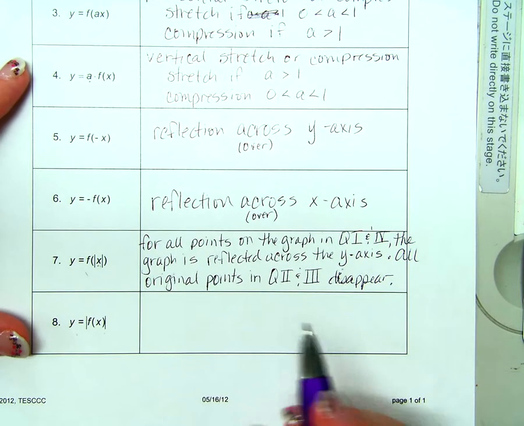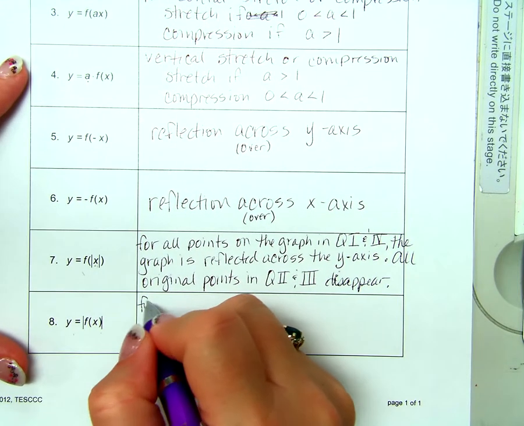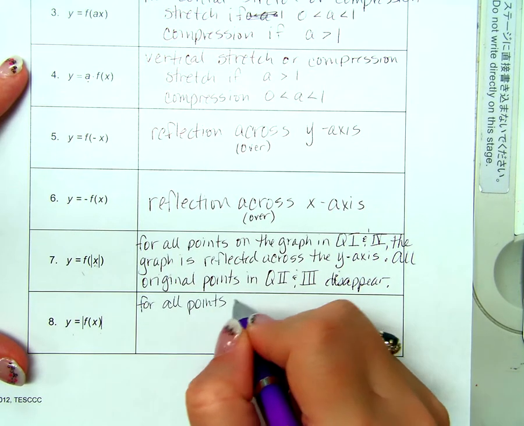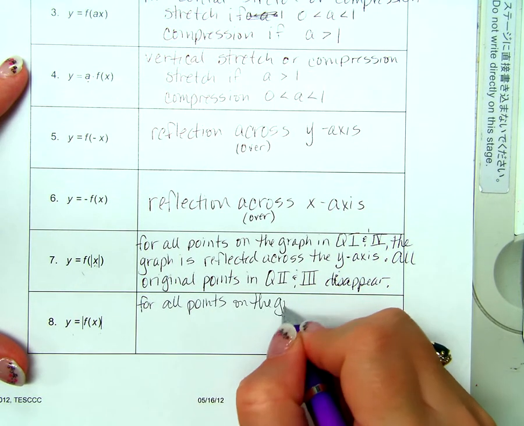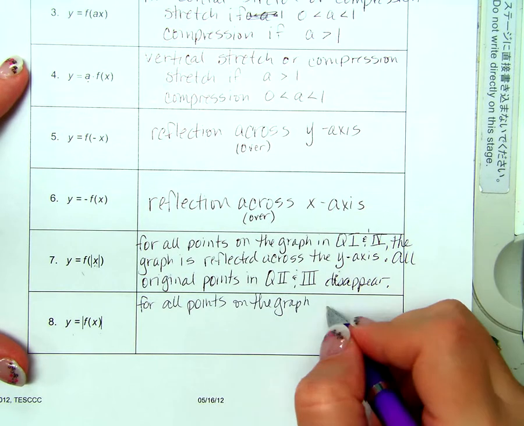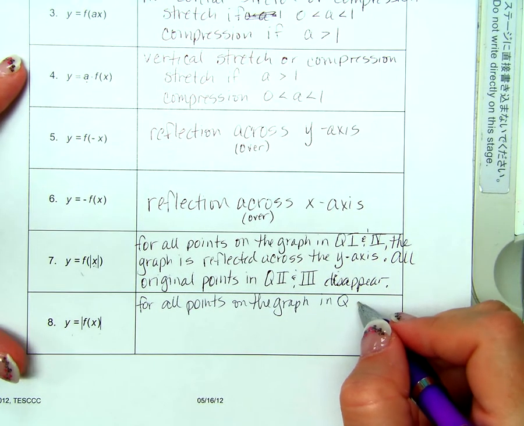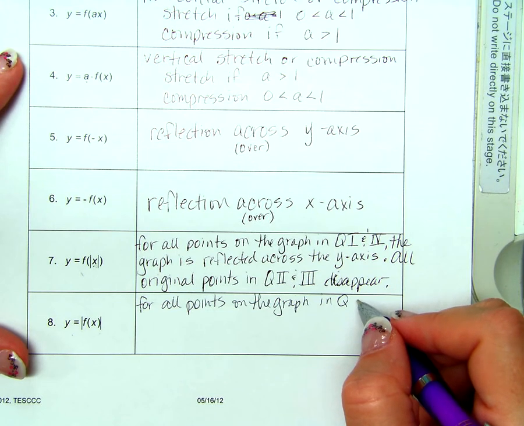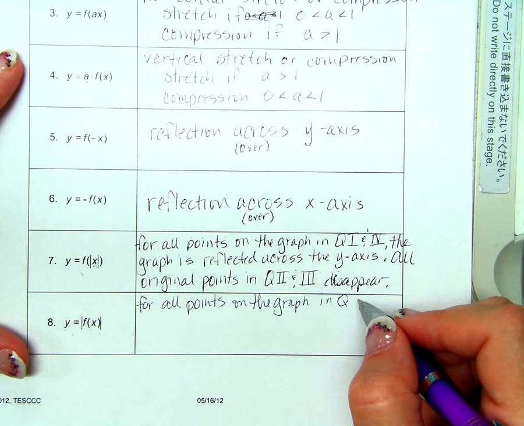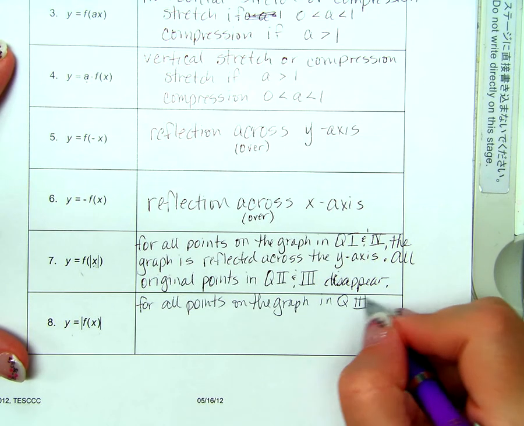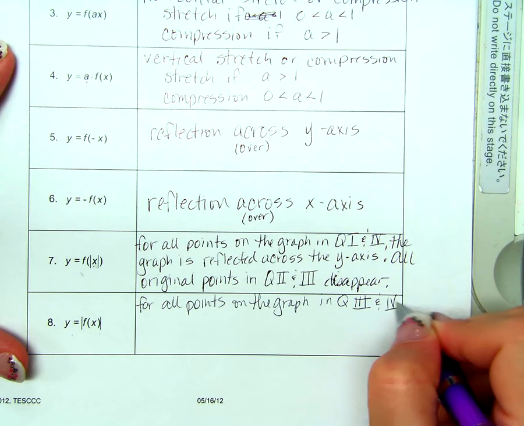No. Okay? So for all points on the graph in quadrants, wait, which quadrants are affected? If we're reflecting up across the x-axis, 3 and 4. Good. Quadrants 3 and 4.